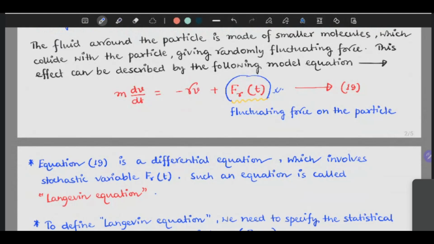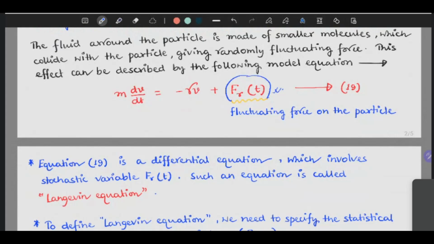This equation is the Langevin equation, and it is a phenomenological equation, because here we do not keep track of each and every collision. We are replacing the information of each and every collision by a phenomenological term, the fluctuating force.